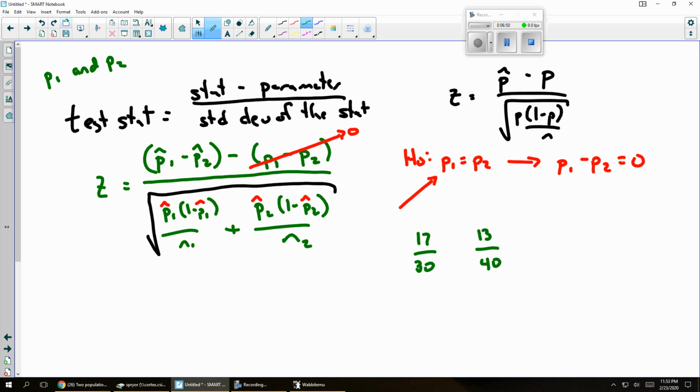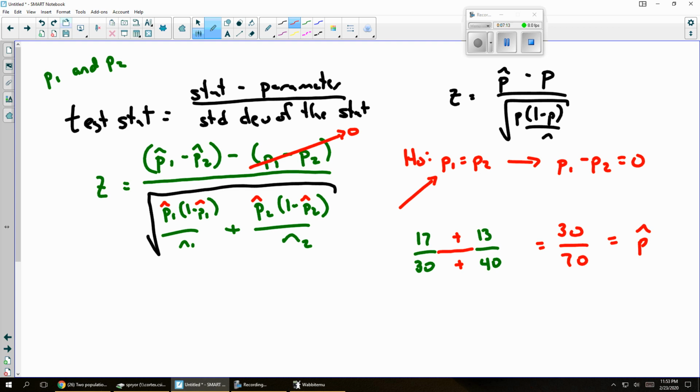A better guess, if there really is no difference here, a better guess for the true proportion would be to say, in the whole group, how many people said yes? 30 of them. And in the whole group, how many people are there? 70. This is what we call the pooled p hat.